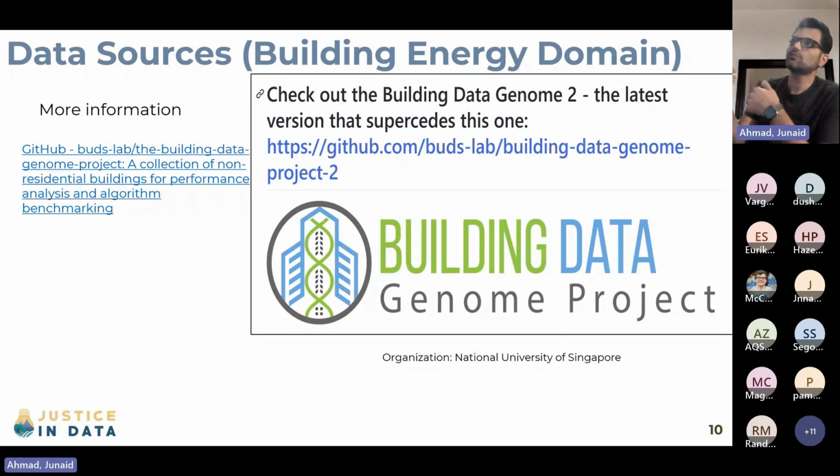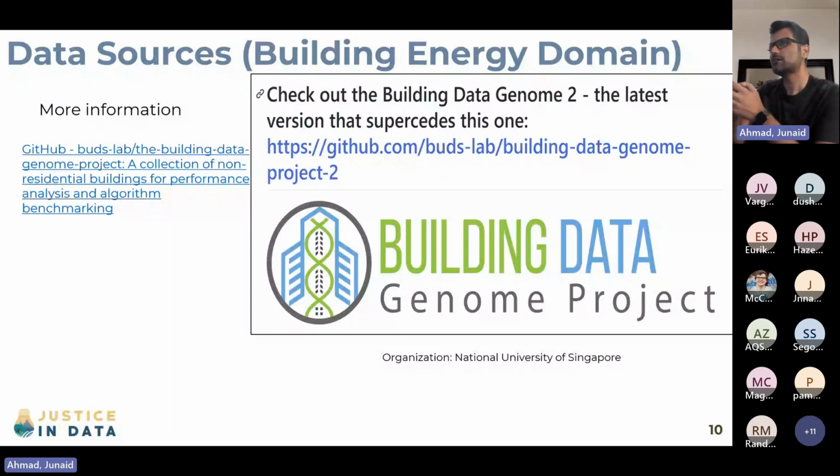So this is also one of the sources from where you can download data related to the building energy domain. The idea was just to let you know that there are different sources from where you can access and download data, and then you can download the same data using Python. We will see later on how to download it using Python.